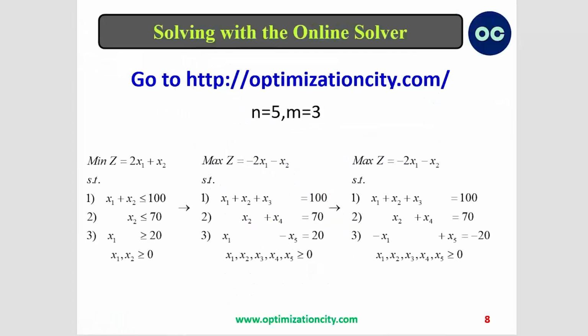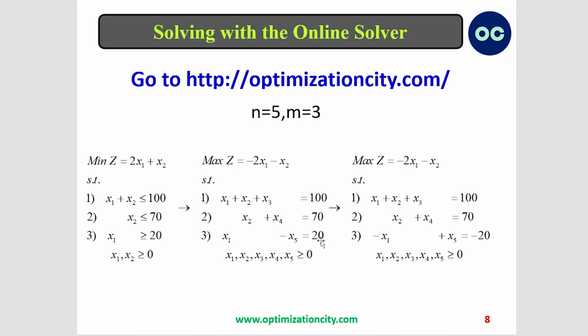Okay, now let's see how our optimization online solver handles this problem. This is the main model we have. We add variables x3 and x4 to the first two constraints, constraint number 1 and constraint number 2. By doing this, we have two constraints as equalities. For the third constraint, we subtract x5 to make it an equality.